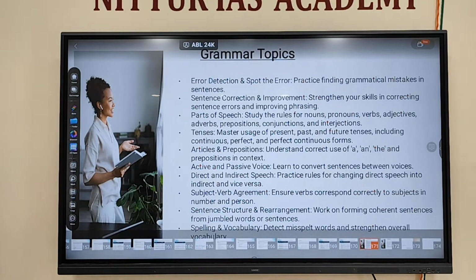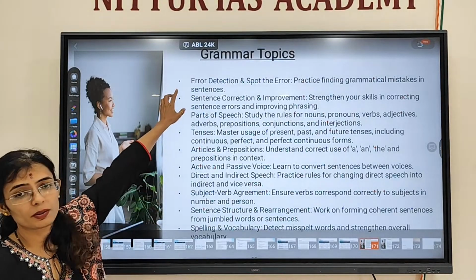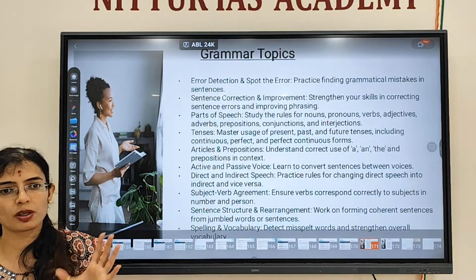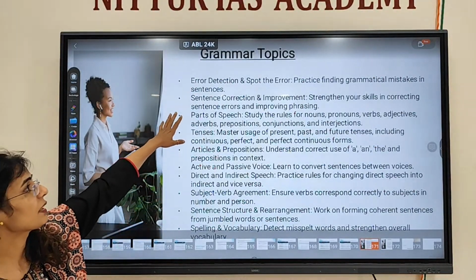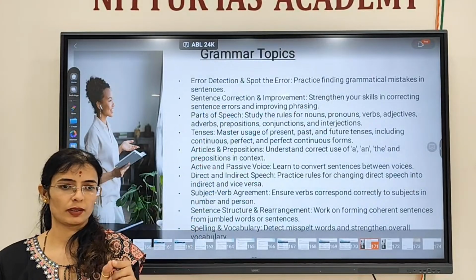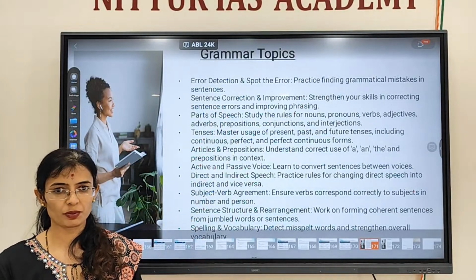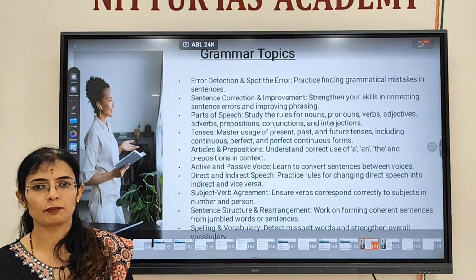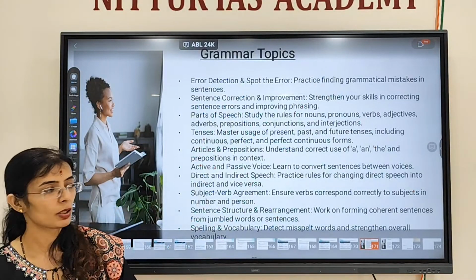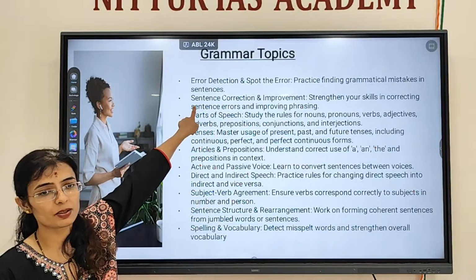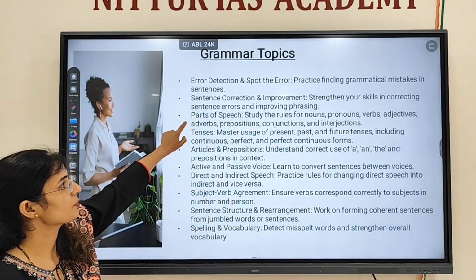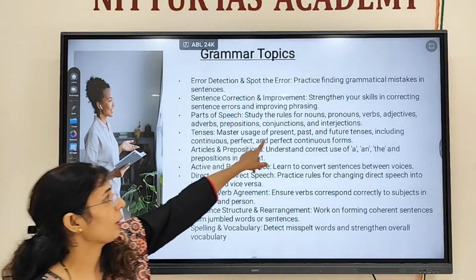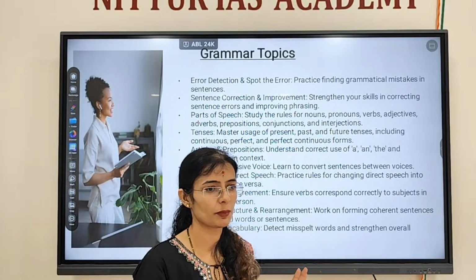So for the topics that we've covered, we can expect at least 1, 2, 3 error detection questions. Then sentence correction and improvement: spot the correct use of the word, correct use of the phrase, correct use of the idiom, correct conclusion. All these are sentence correction and improvement questions. Parts of speech we've already talked about: adverbs, conjunctions, adjectives, and pronouns. Nouns we don't have that many questions.